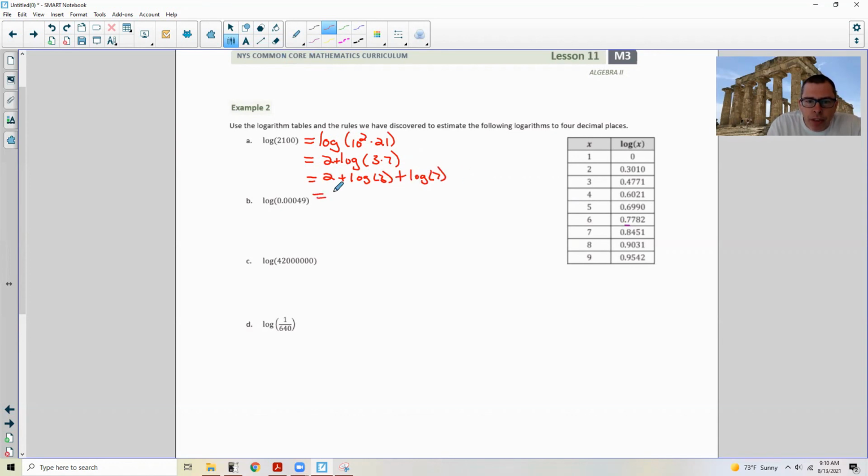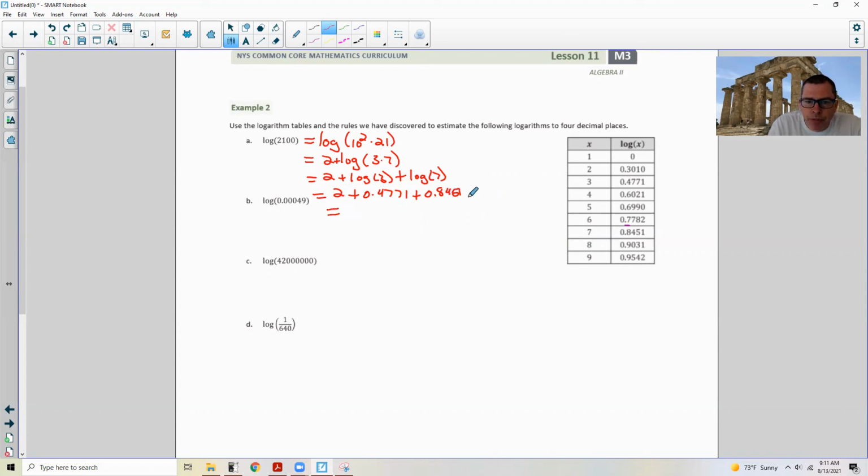So that is going to equal 2 plus the log of 3 is 0.4771 plus the log of 7 is 0.8451.